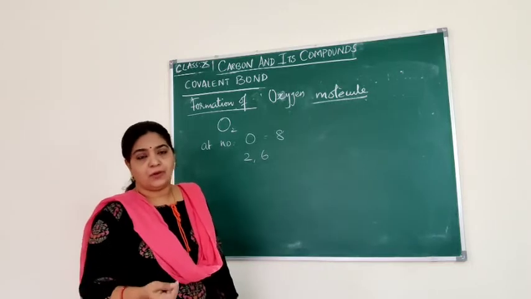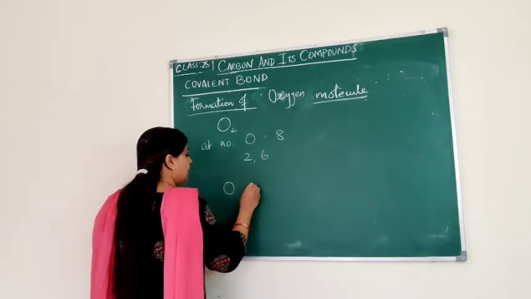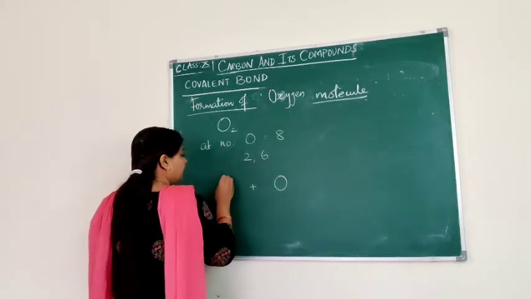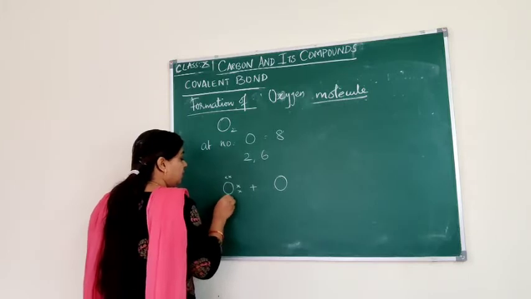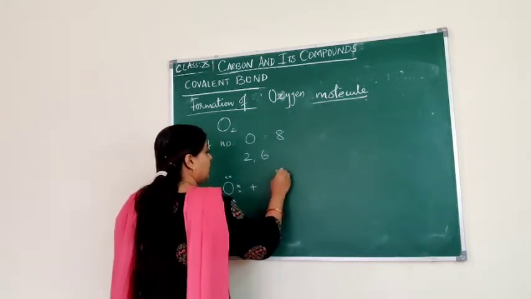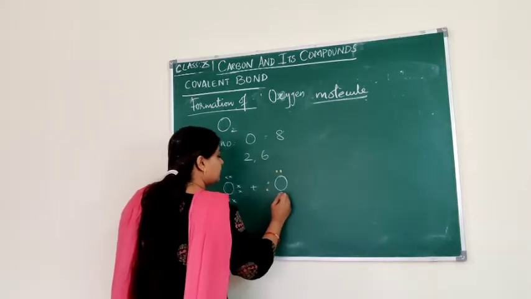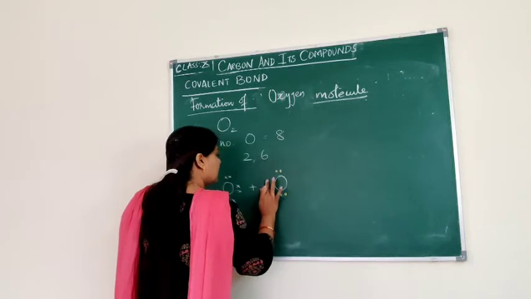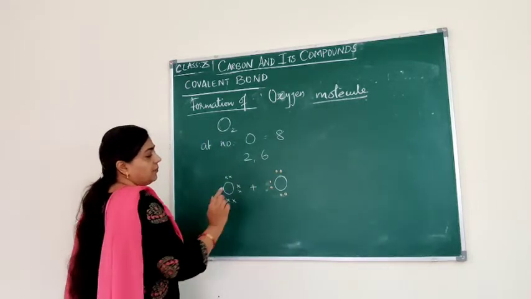It needs 2 electrons to become stable. So let us represent the electrons. 1, 2, 3, 4, 5, 6. See, these they will be sharing, so that's why I am putting them here.